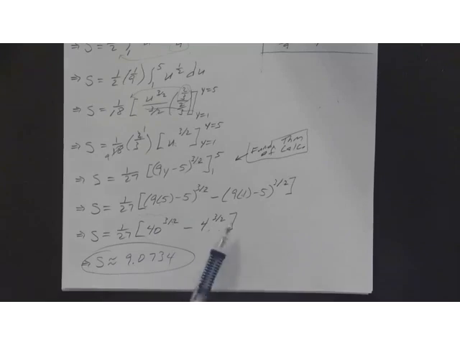But if they wanted an exact answer, you just get the square root of 2 to the third power. So this would just be square root of 4 to the third power, which would just become 8. And this one would be square root of 40, which simplified, the only perfect square is 4 times 10. So that would be 2 square root of 10 to the third power.